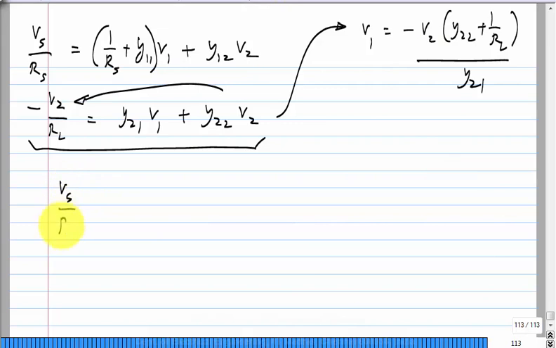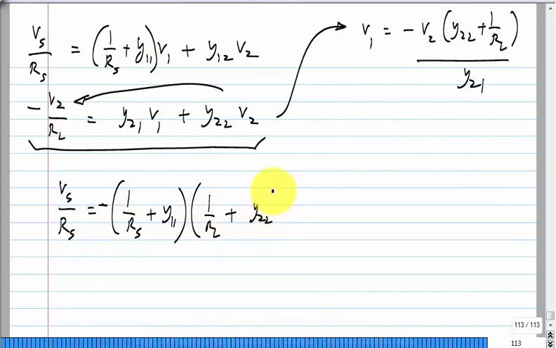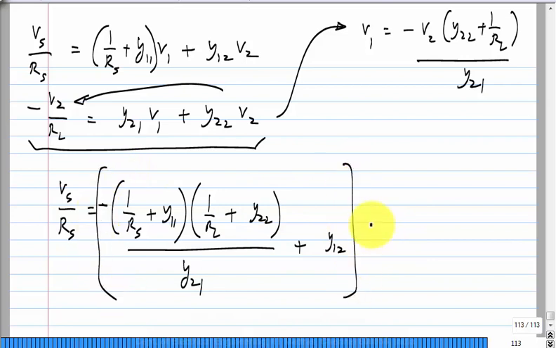So Vs by Rs equals 1 by Rs plus Y11 times this thing, which is V1, 1 by RL plus Y22 divided by Y21 plus Y12, and this whole thing times V2.